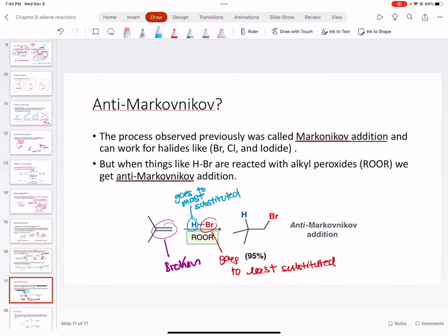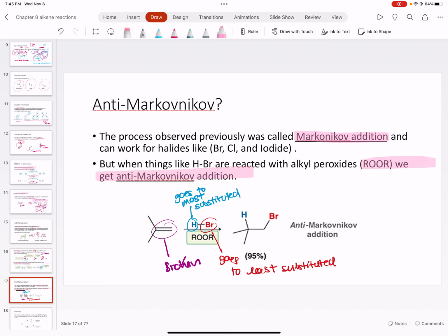So then what's anti-Markovnikov? The process that we observed previously is called Markovnikov addition, and it works for halides like bromine, chlorine, and iodine. But when things like HBr are reacted with alkyl peroxides, ROOR, we get anti-Markovnikov addition.